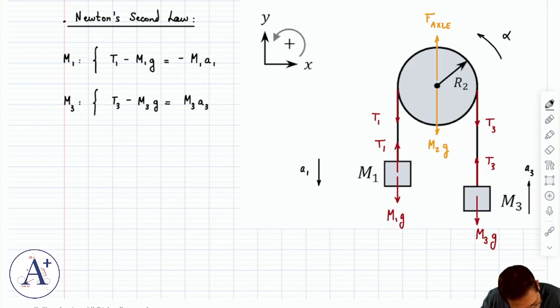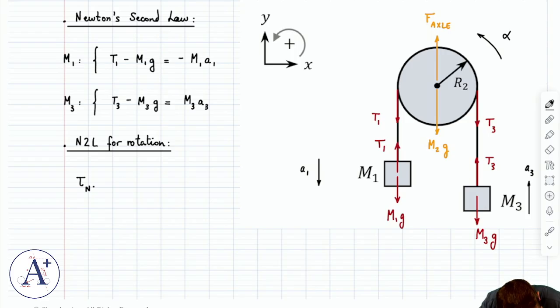Then we can write Newton's second law for rotation. That's going to be for M2 now. It's going to say torque net is equal to I alpha.